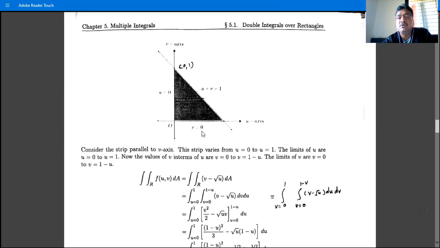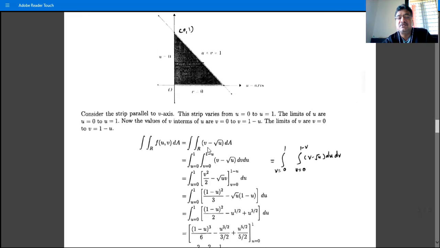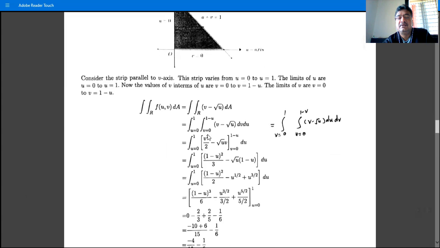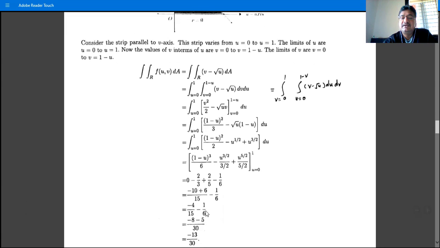Another end touches the line u plus v is equal to 1, so v is 1 minus u, the upper limit. To cover this region, we move this strip parallel to v axis from this point to this point, so u runs from 0 to 1. So either solve this or this, we get the answer.